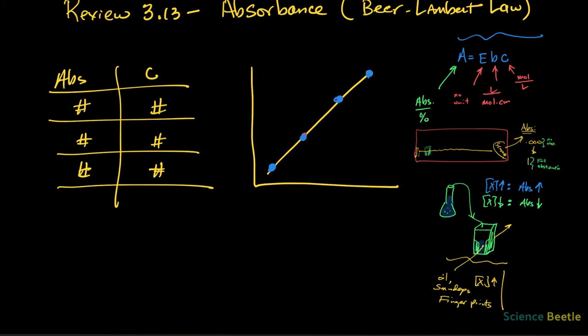Now, the question then becomes, what if there's a point that comes below the graph or, say, a point above the graph? In particular, we're talking about this one here, and that one there. So let's label these point A, and let's label that one point B. The question that you might get, or a variation of the question, would be, which of the following explanations would explain why A is below the graph?